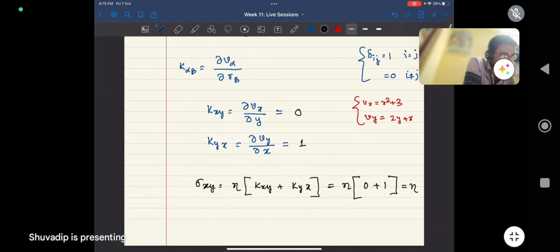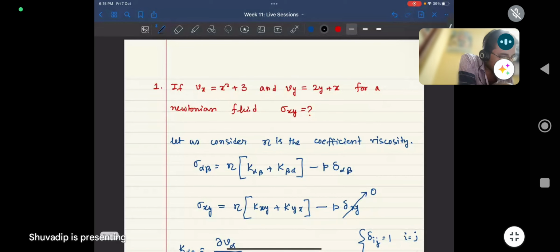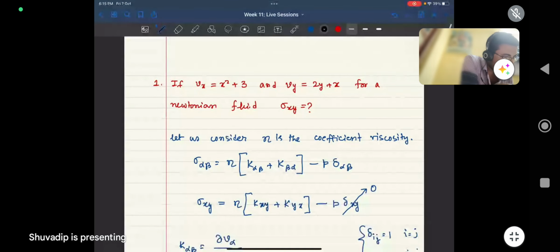So let me discuss once more. You are given Vx, which is x square plus 3, and Vy, 2y plus x. You have to find out for a Newtonian fluid what is sigma xy. Now we know the general formula, sigma alpha beta is equal to eta kappa alpha beta plus kappa beta alpha minus p delta alpha beta.